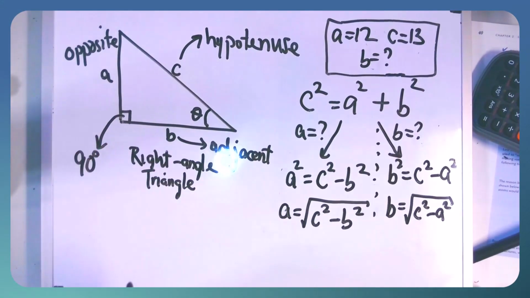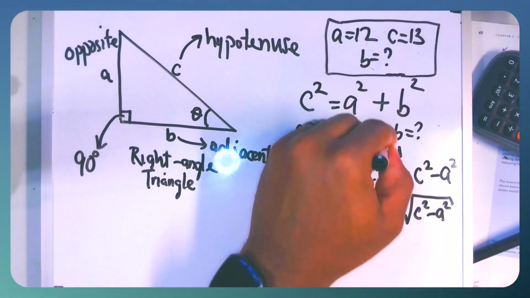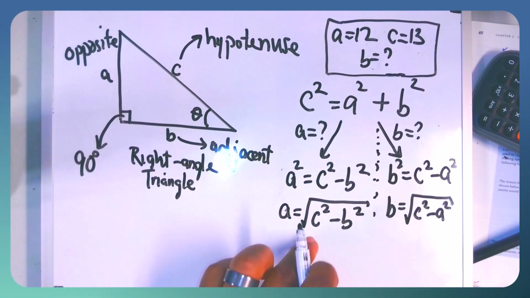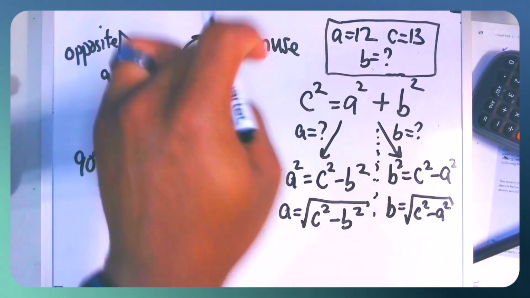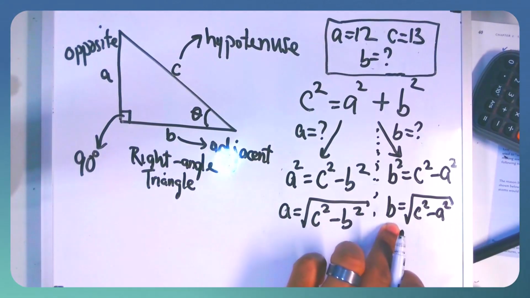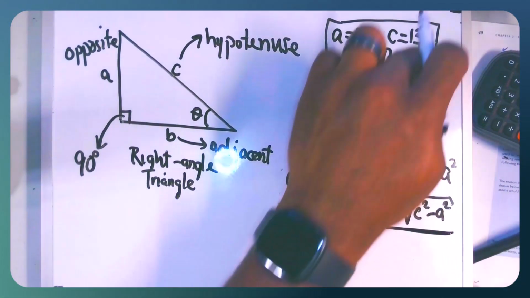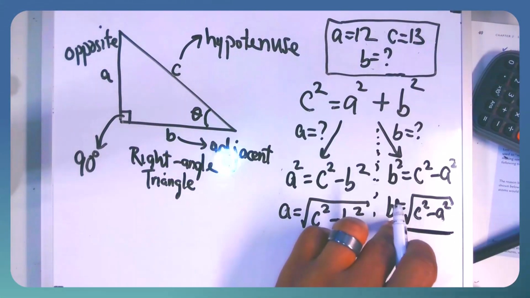Using these equations, the one we are going to use is not the first one, because there we are asked to find A but we are already given A. Instead we use the second one, where we are given C to be 13 and A to be 12, but we don't know what B is.